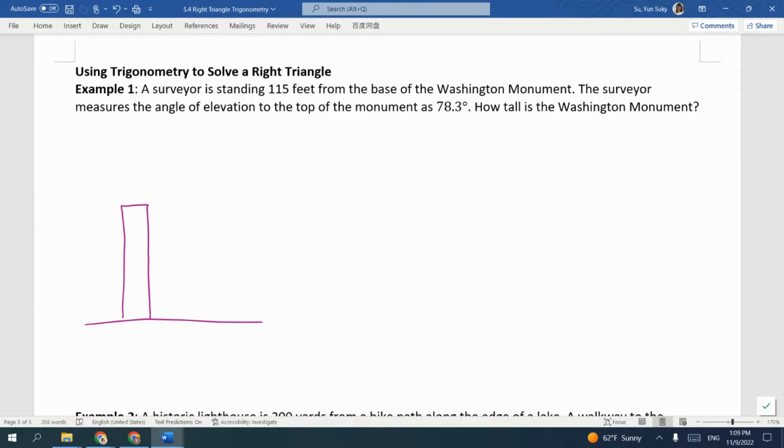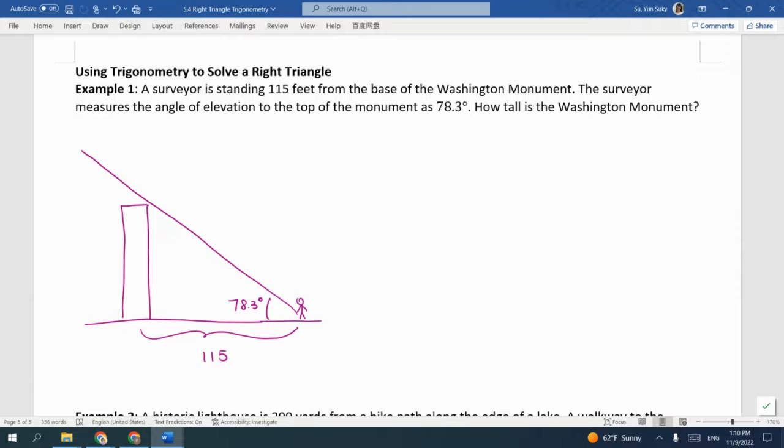Okay, so it's standing right here, 115 feet from the base of it. And we measure the angle of elevation to the top of the monument as 78.3 degrees. How tall is the Washington Monument?